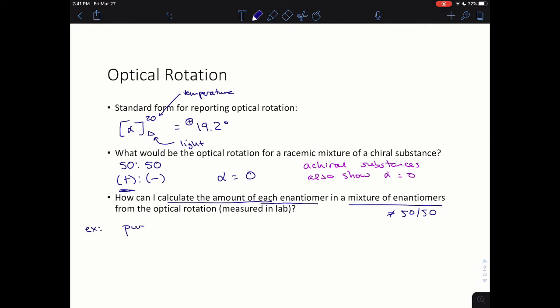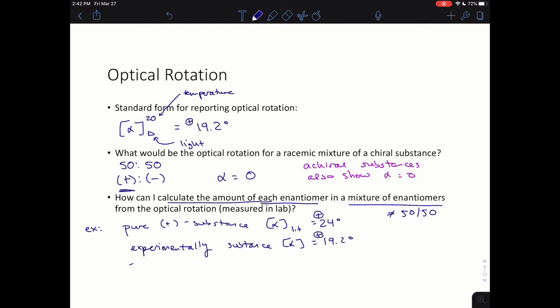Let's say that the pure plus enantiomer of some substance has an optical rotation in the literature of positive 24 degrees. So let's say in lab you've tried to make some, or you've maybe isolated from nature, this substance, and you find that the substance in lab has an optical rotation of 19.2 degrees.